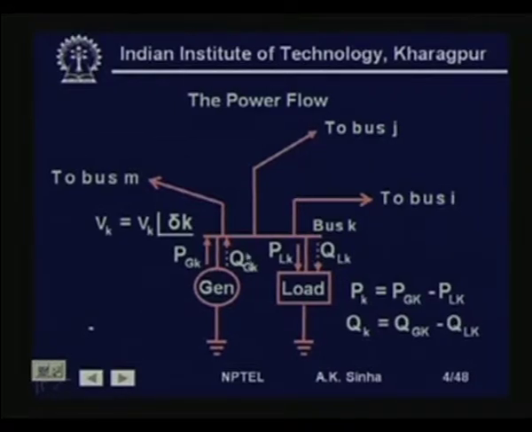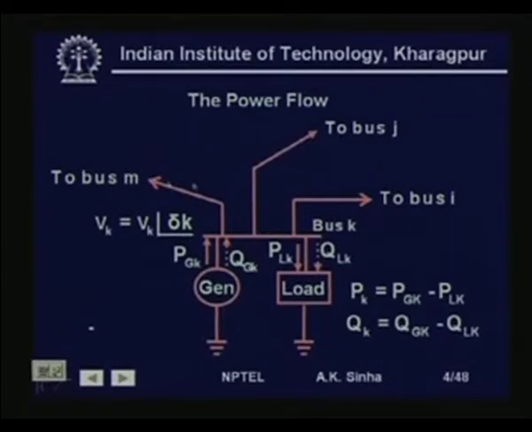Now, from this bus, some power will be flowing out to some other bus M or bus J or bus I through these transmission lines. Some power may be coming this way, some power may be going out this way. So, there will be power flows going out or coming in through various lines to this node.